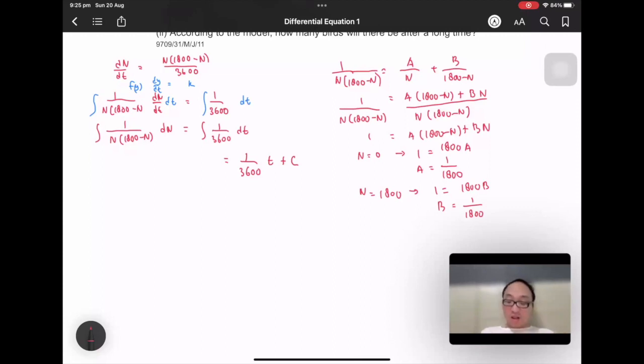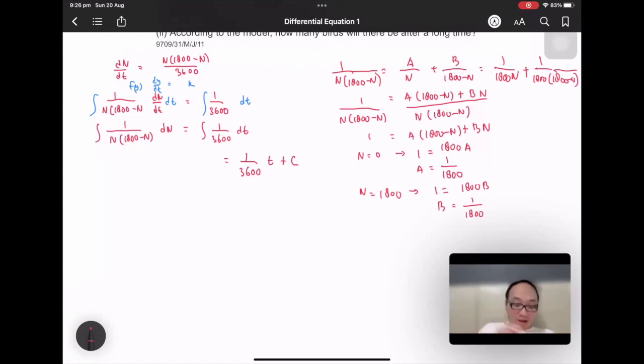So I can just replace them: 1 over 1800n plus 1 over 1800 minus n.